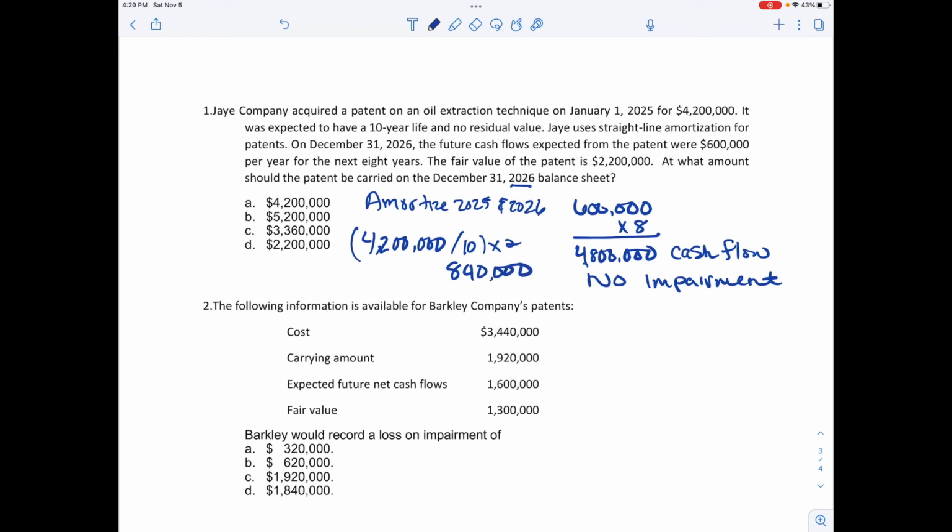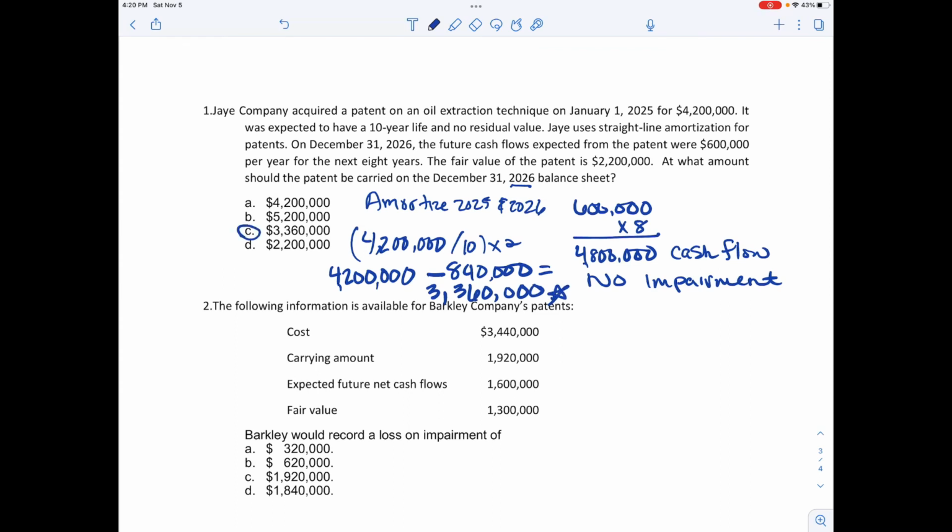And then what we want to do is take our current value, subtract that amortization, and that's going to give us our carrying value at the end of 2026, which should be that amount.